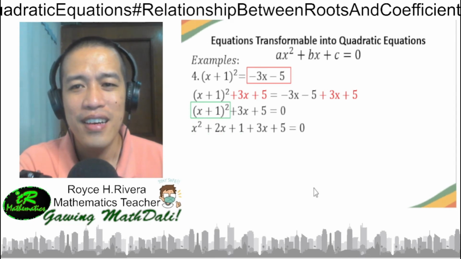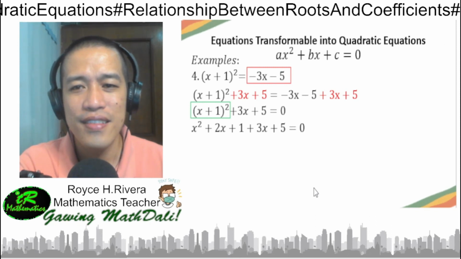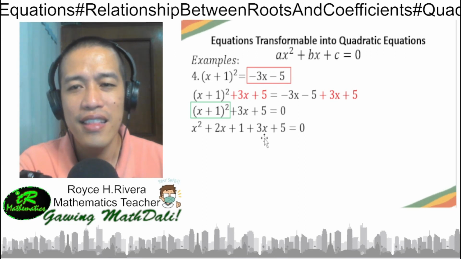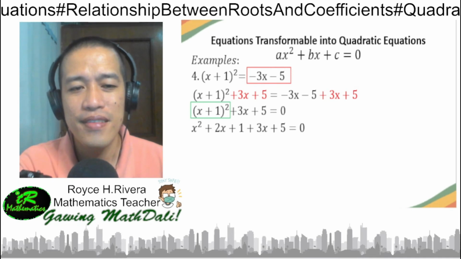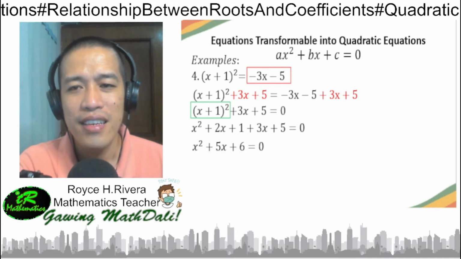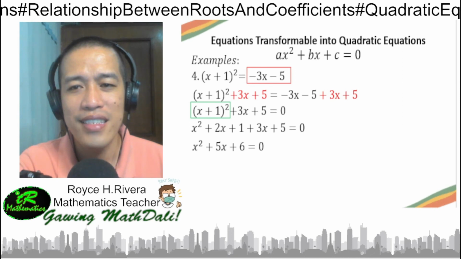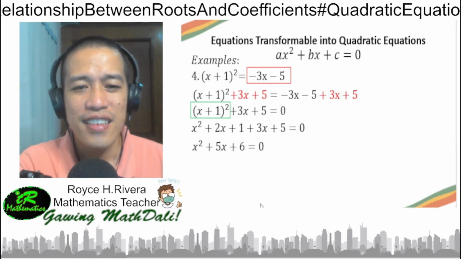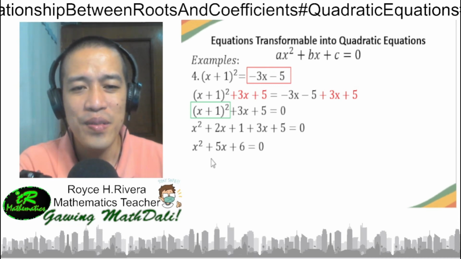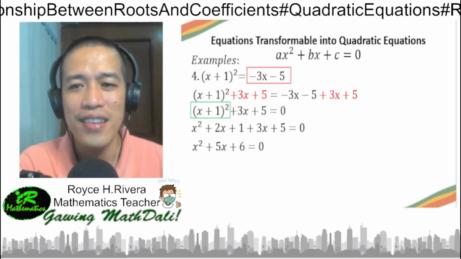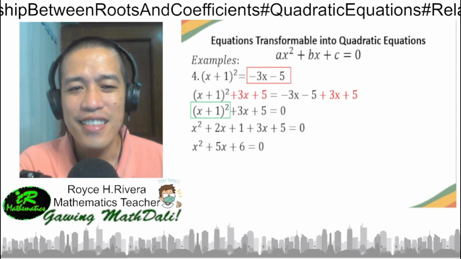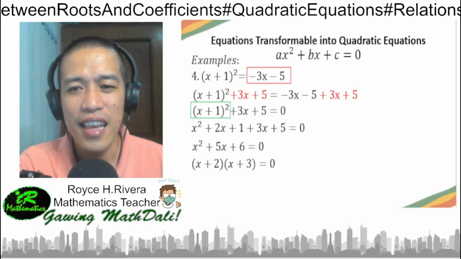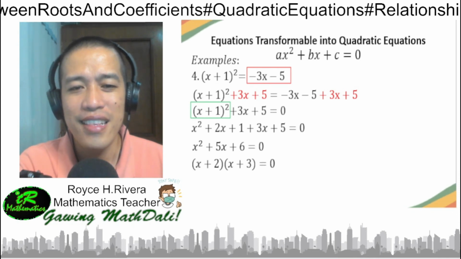I can now add like terms. So we have 2x plus 3x and 1 plus 5. So the result will be x squared plus 5x plus 6 equals 0. Now, x squared plus 5x plus 6 is factorable. The factors are x plus 2 and x plus 3.